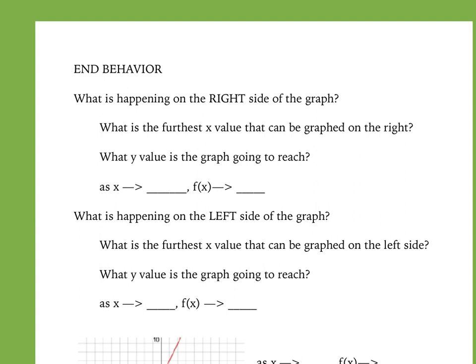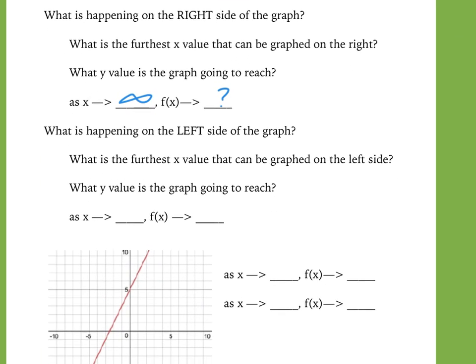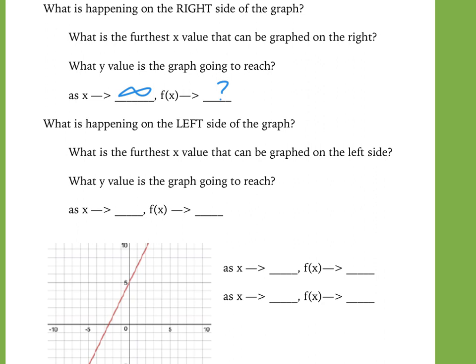Okay? So usually on pretty much all of them that we're going to do today, we're looking at as x approaches infinity for the right value, what is y doing? Is it going up or down forever? Well, we don't know yet because we haven't had any examples yet. And then same thing for the left side.